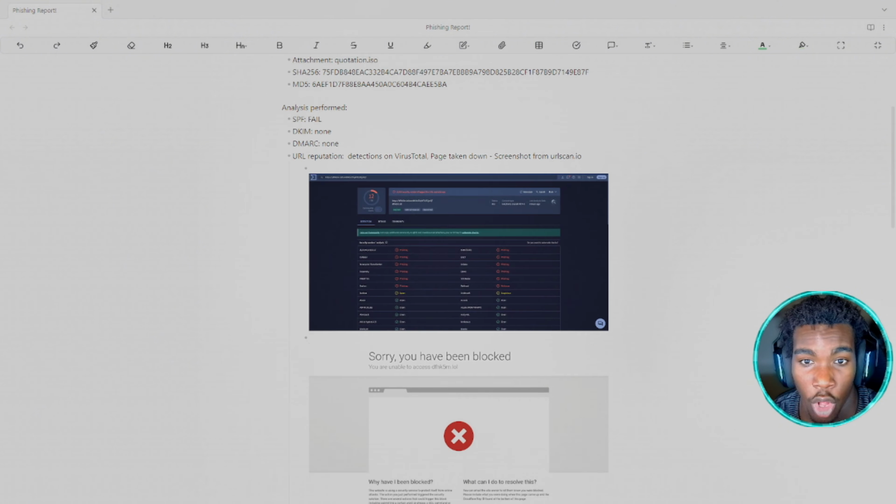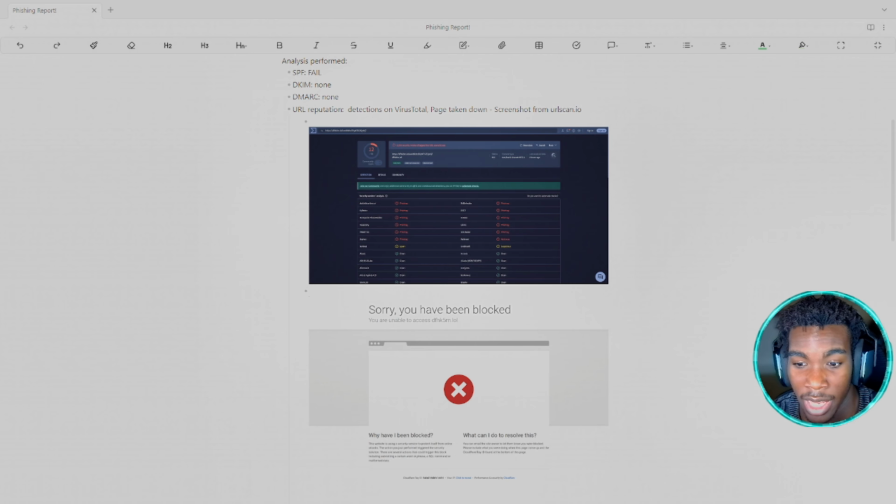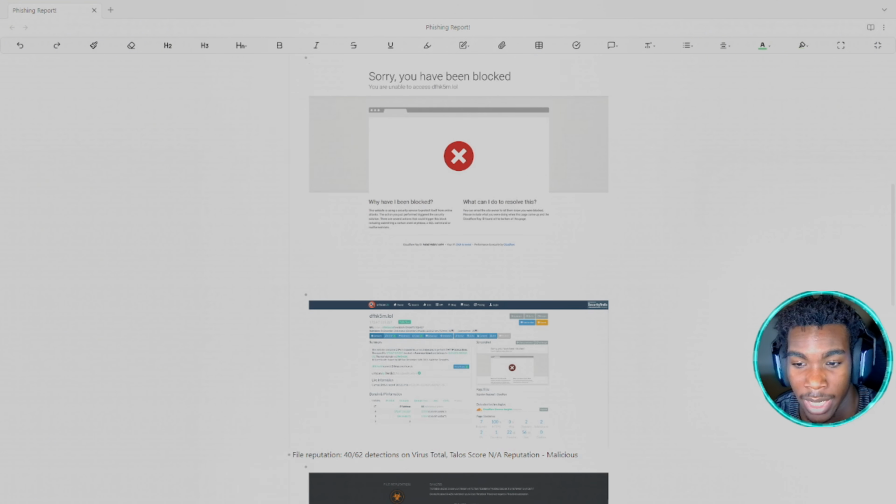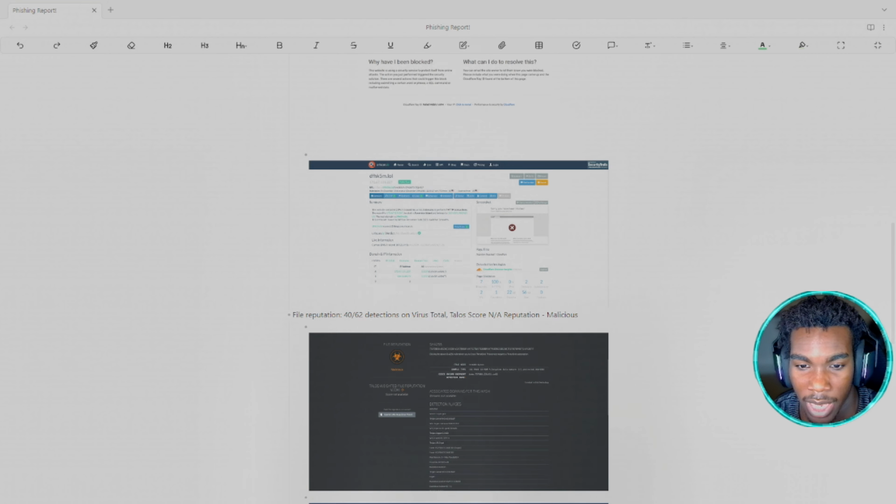It's also showing all the analysis we performed, saying that SPF failed, there was no DKIM or DMARC records, and then also we have the URL reputation check that we got from VirusTotal and the screenshot from URLScan as well, just to show what happens when you navigate the site, which we know was down and was not able to be navigated anymore, probably because it was taken down as a phishing site, as well as the URLScan full page.